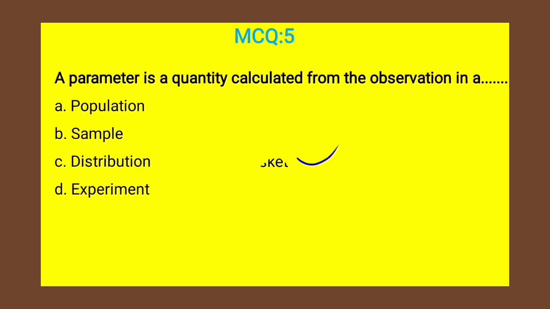Question 5. A parameter is a quantity calculated from the observation in a... A parameter, if you can remember when we were having the introductory part of statistics, we said for us to know a measurable characteristic or a value that represents the total population that we are studying, we use the term parameter.